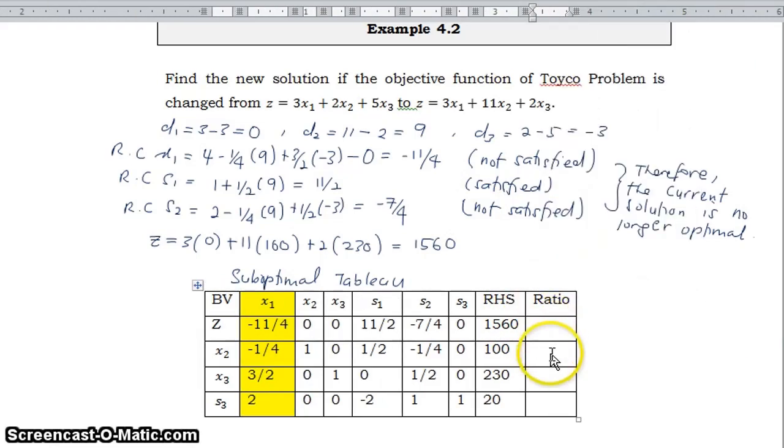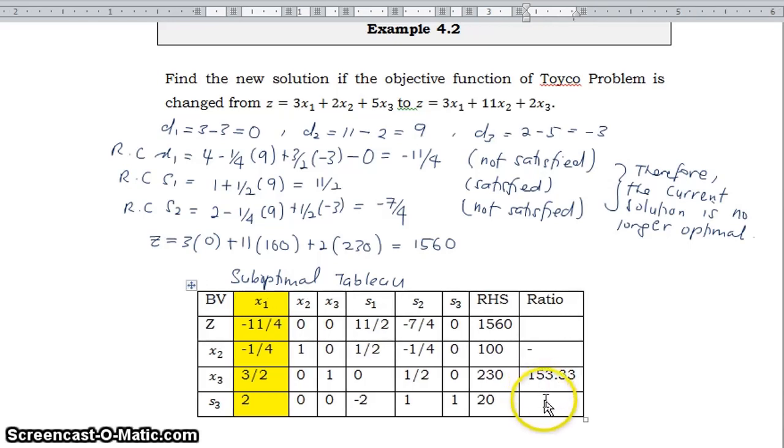There is no ratio for row 1. The ratio for row 2 is 230 divided by 3 over 2, which is 153.33. The ratio for row 3 is 20 over 2, which is 10. Here S3 is the leaving variable.